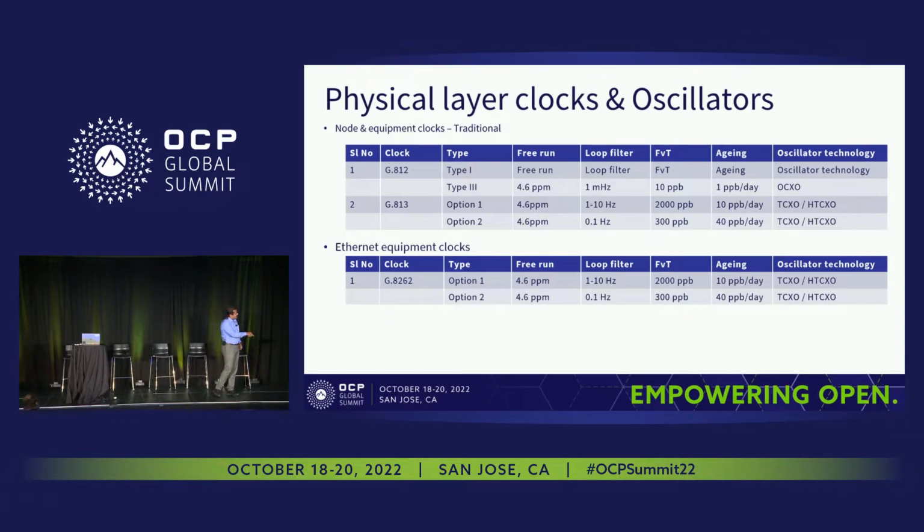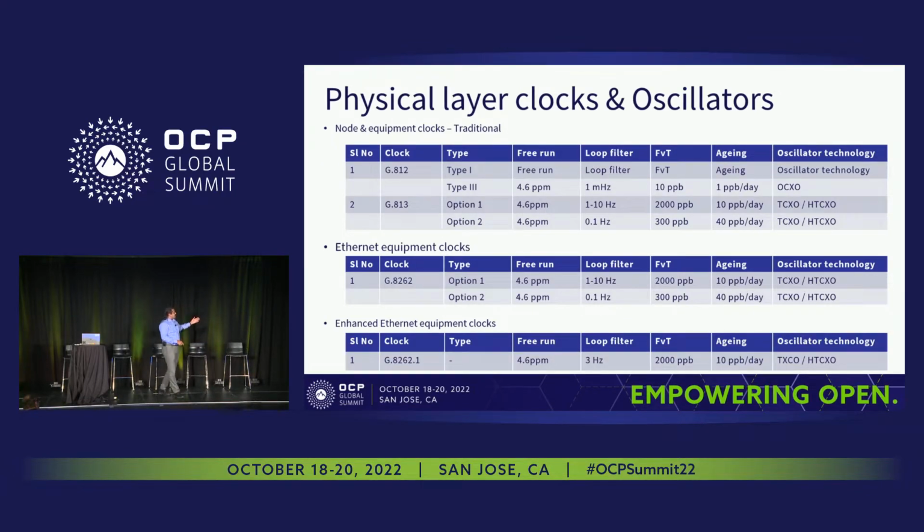About 300 ppb, stratum 3E level, stratum 3 level of frequency versus temperature, and maybe 10 ppb level of accuracy. So like that, you can see that the next version of the Ethernet equipment clock is a bit more relaxed, but the oscillator technology needs to be similar.